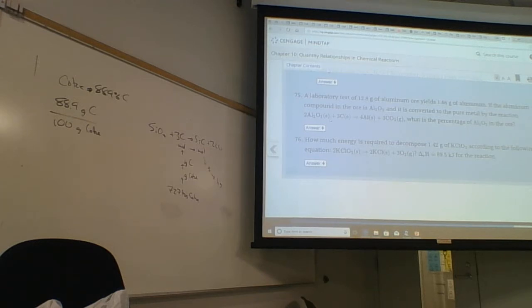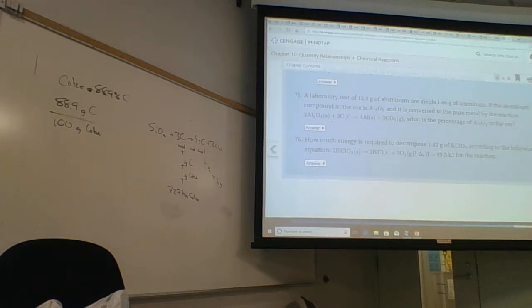Or, we don't have to have it per 100 grams of ore. If we want to figure out the percentage by mass, we do percent aluminum oxide by mass is equal to the grams of aluminum oxide over, in this case, grams of ore times 100%.